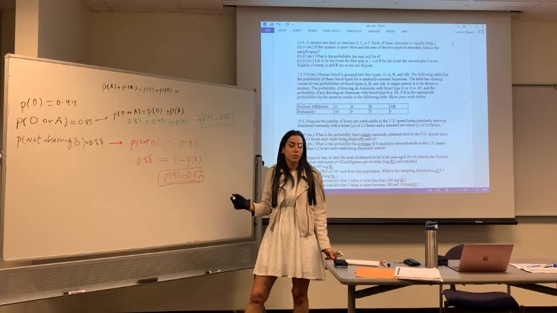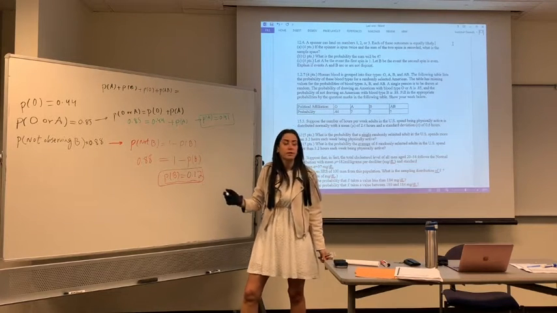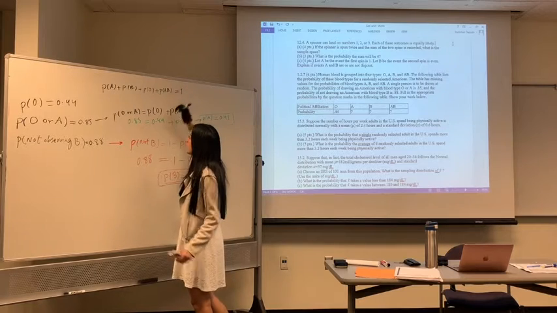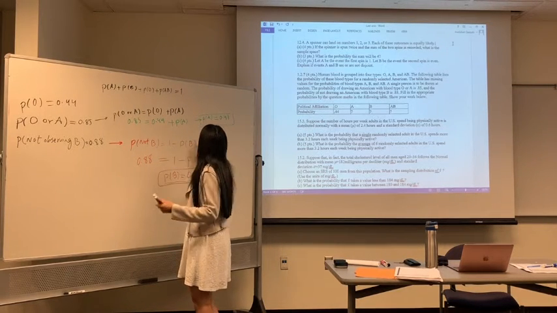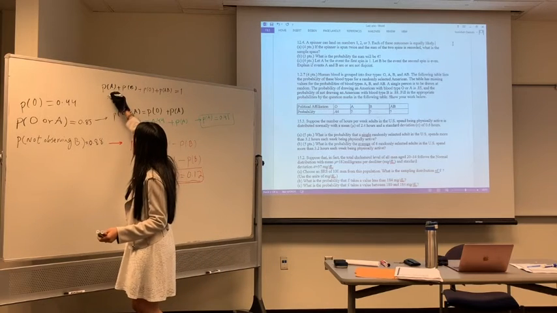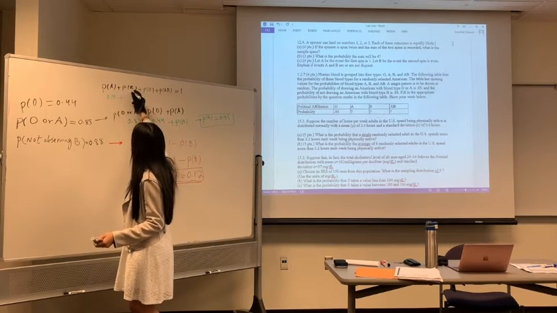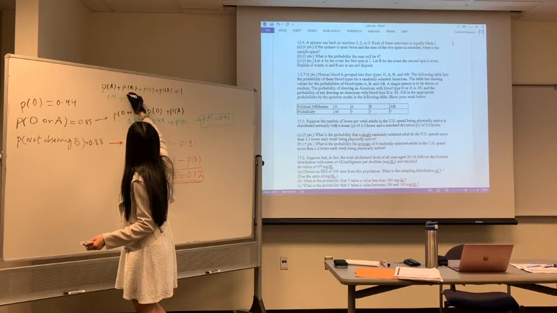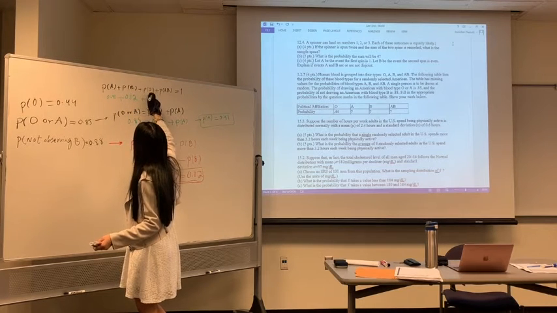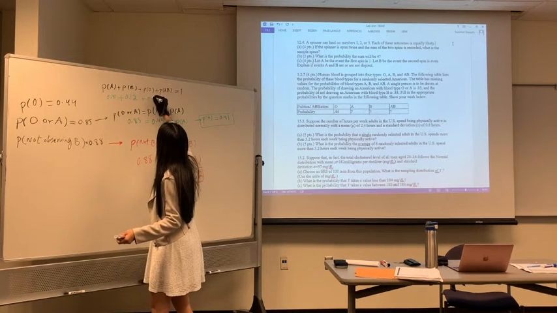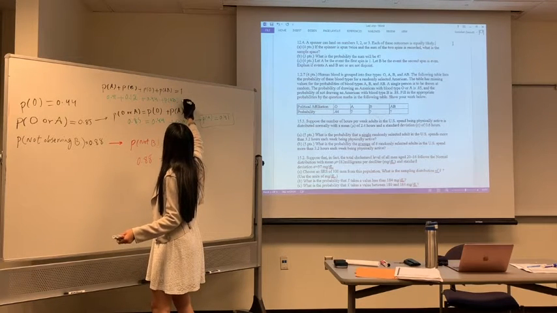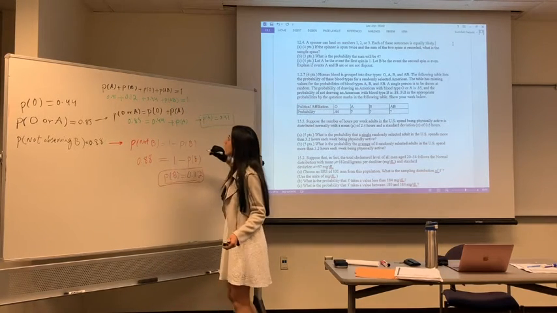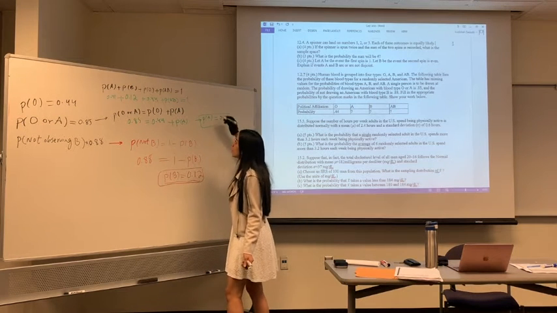If we add all these probabilities, we should have 1. We have probability A from here, 0.41. We have probability B from here, 0.12. We have probability O from here, 0.44, but we don't have probability of AB. But we know that if we add all these together, we should have 1.